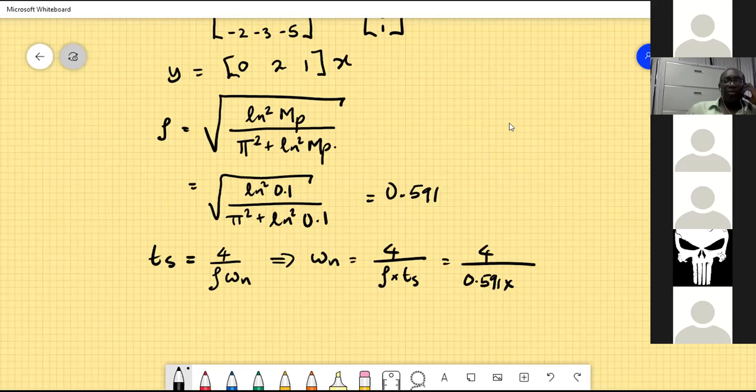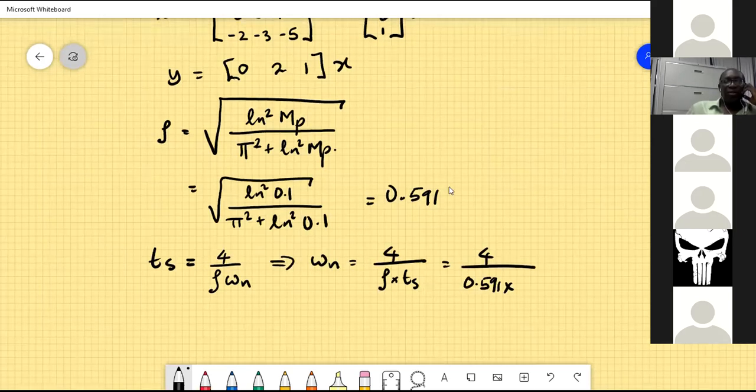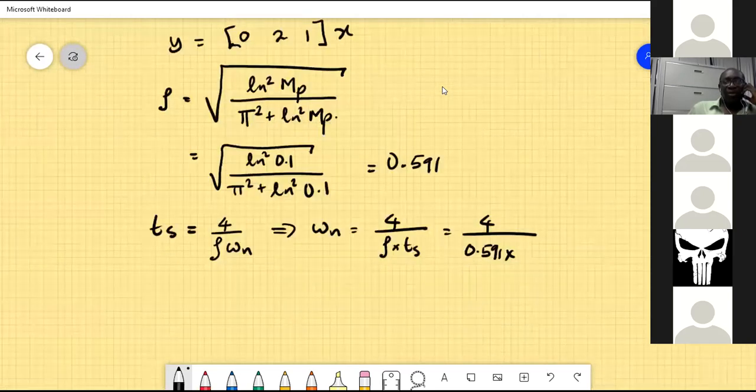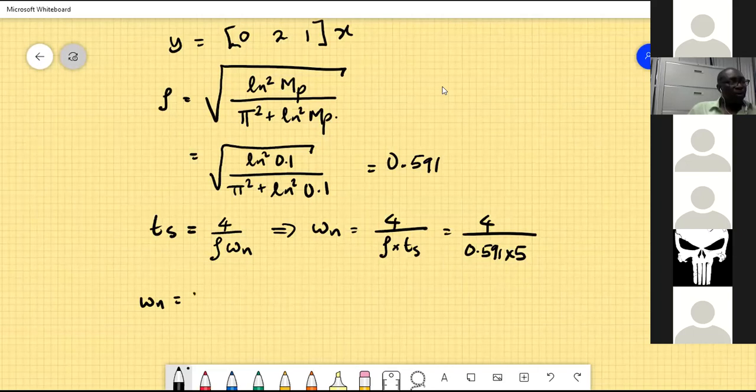What did we say the settling time was again? 5 seconds. So that gives 1.35.